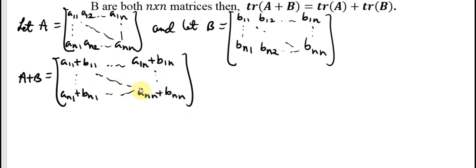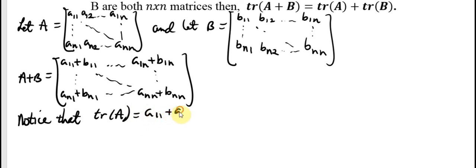Okay, so now notice, a simple proof begins here. Notice that the trace of A is equal to A11 plus A22 plus, just adding up the entries along the main diagonal, plus Ann.